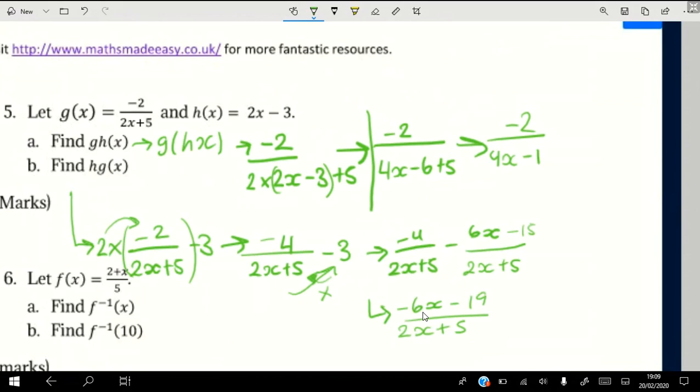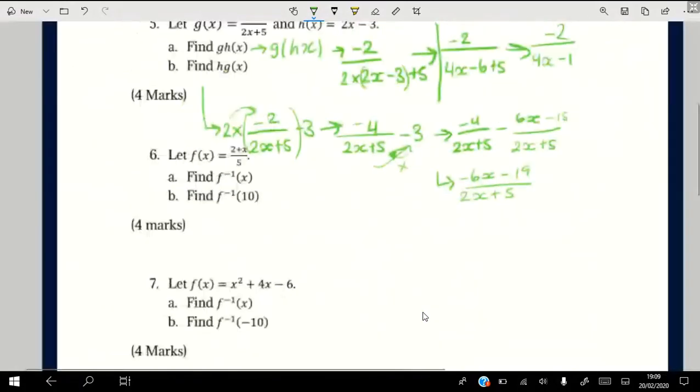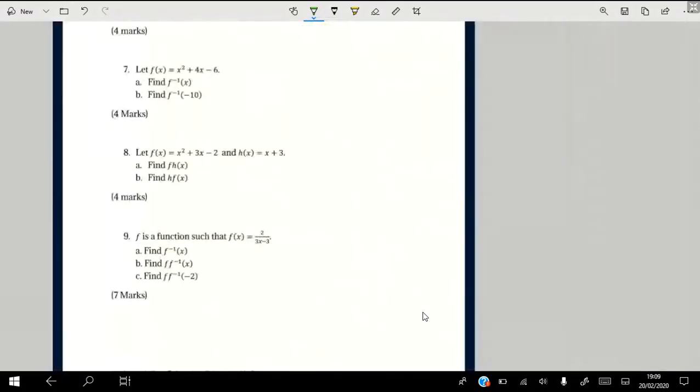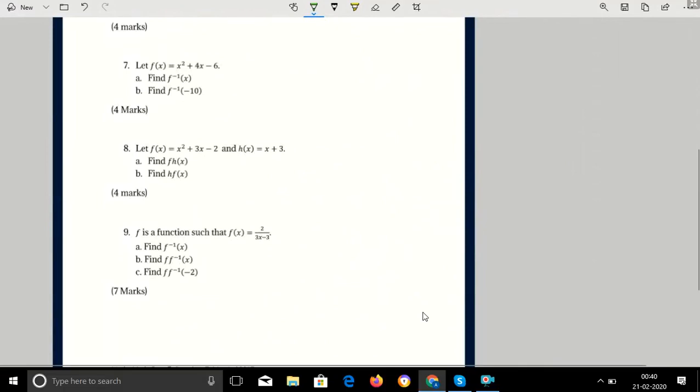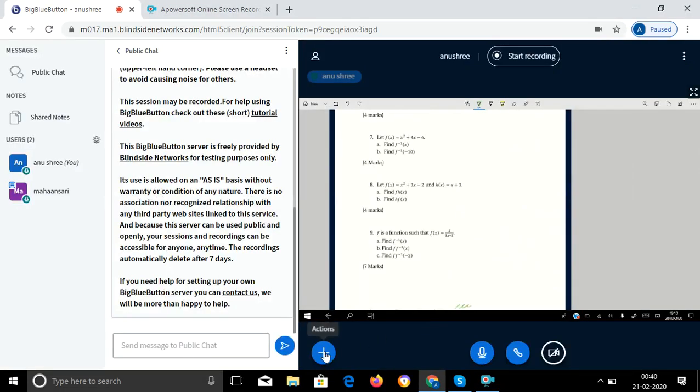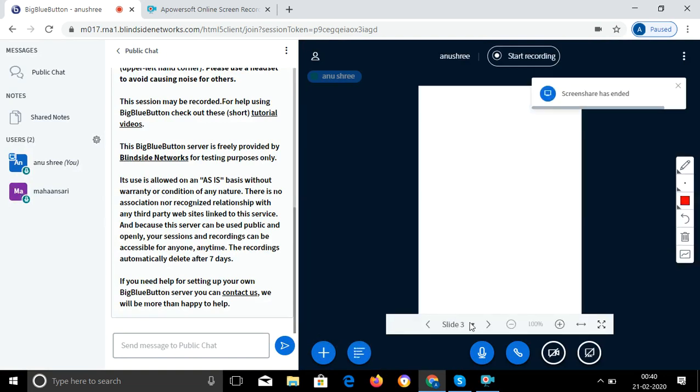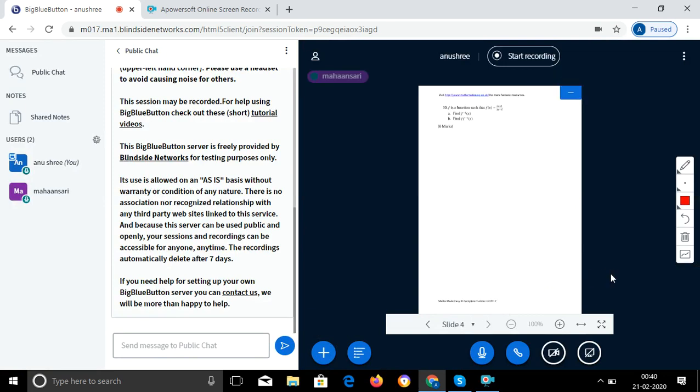Okay. So that's it. And you can take a screenshot of the rest of the questions that will be for homework. But these are for inverse. Okay. Question number 8. Take question number 8 and let me see if there is any other question or not. I need to go back and see. Okay, these are all inverse, so I'm just writing the questions.